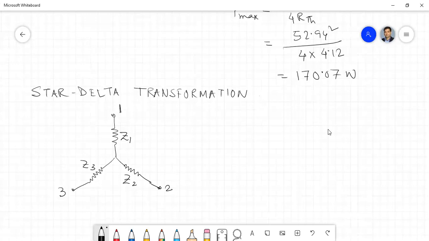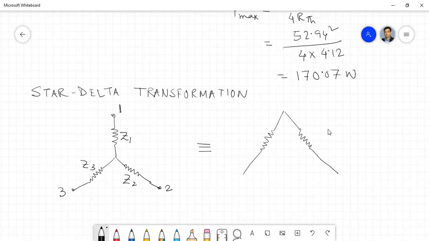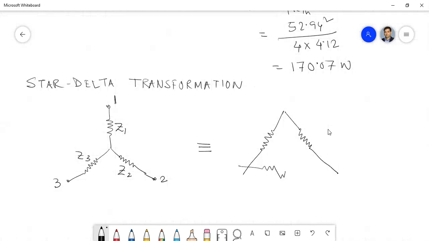Now this can be written as an equivalent of a delta, with terminals 1, 2, and 3.